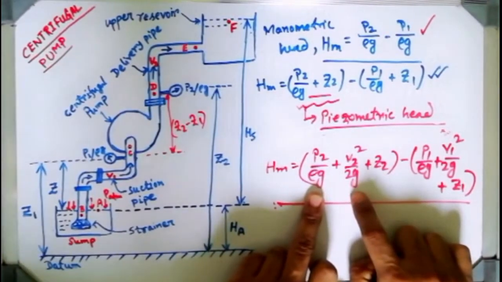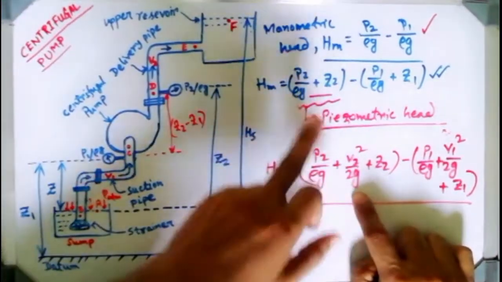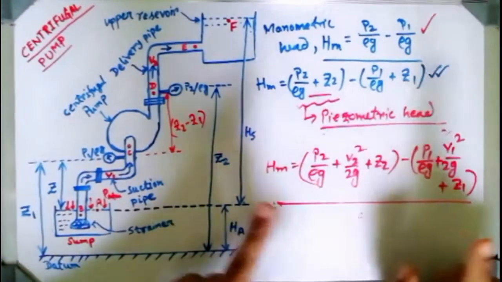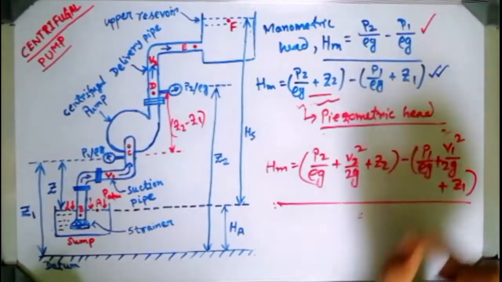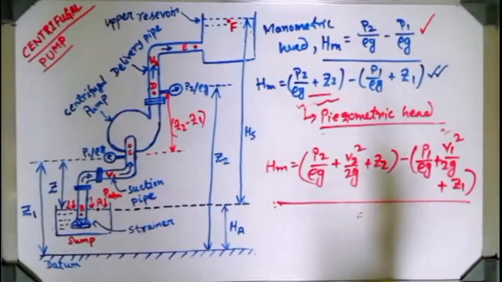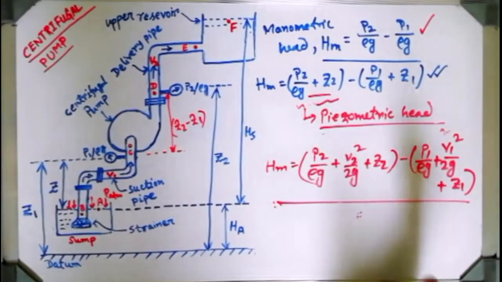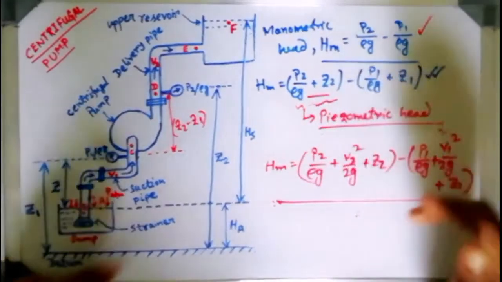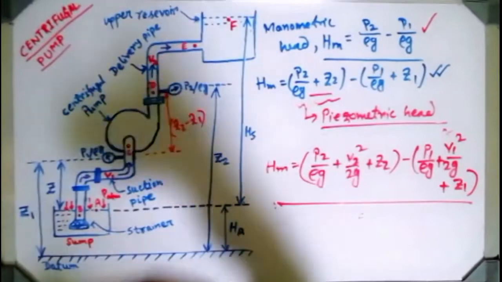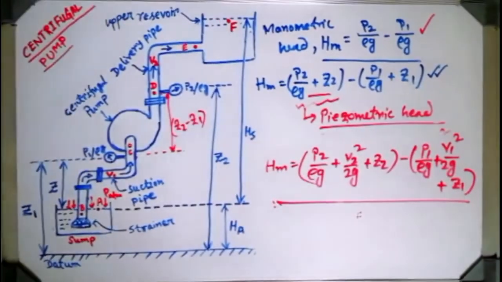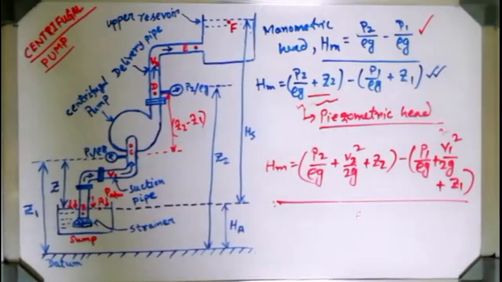The velocity head is not included here, so we have to add the velocity head, because the manometer will give you the difference in these two terms. Most of the cases practically, we consider the manometric head in a simplified form, this expression, because the difference between the two velocity heads is not so remarkable. Practically it has been seen.